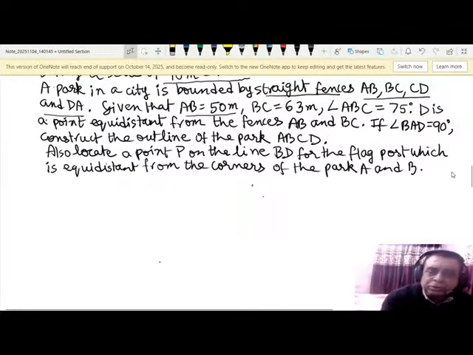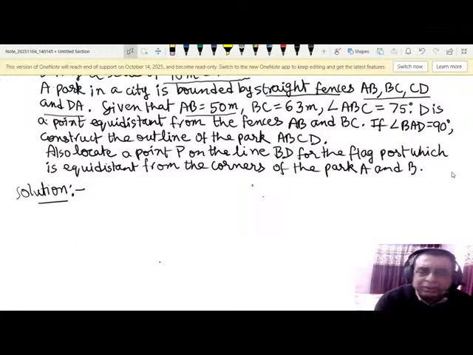The original figure is this, and we will draw a rough sketch looking at the original. So AB is 50 meters, BC is 63 meters, and angle ABC is given to us as 75 degrees.